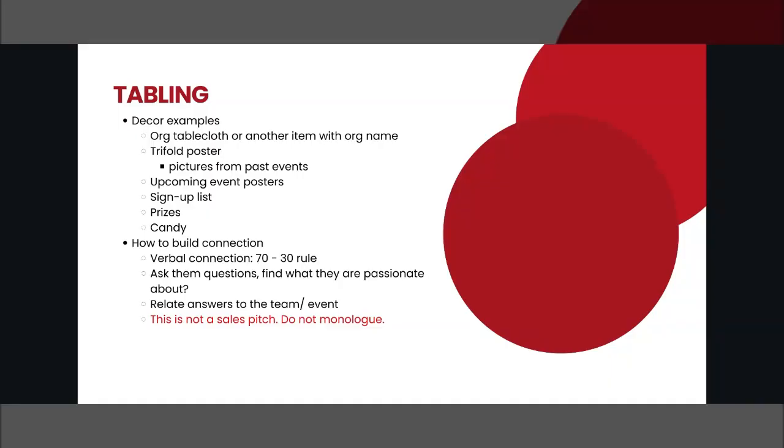Next, I think it's really important that you are able to relate your answers to the team, to the event. You want to show passion, you want to show involvement, you want to show them how they as an individual have a place, how they can be involved, how they can contribute, right?